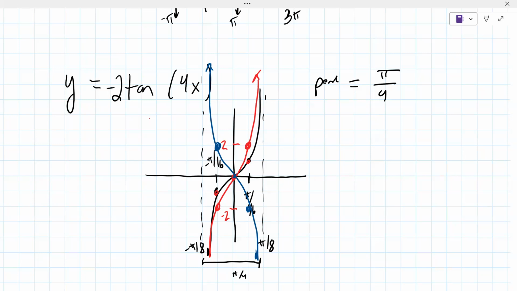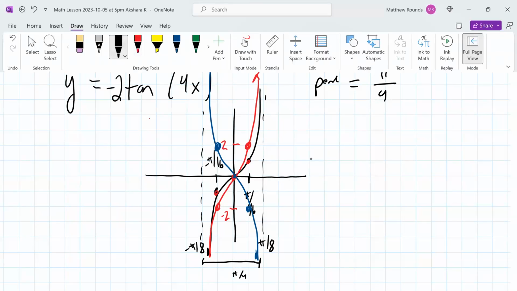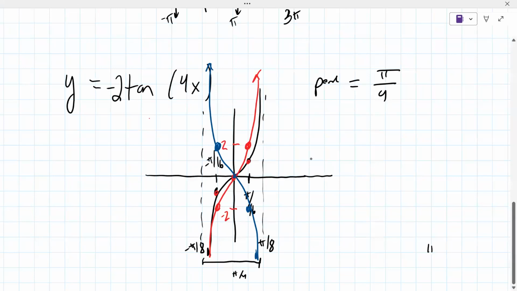And then if you wanted to go out another period, which I don't really want to, you'd have to go out pi over 8 plus pi over 4, which would get you out to 3 pi over 8. Because this is so narrow, we're trying to squeeze all this in.